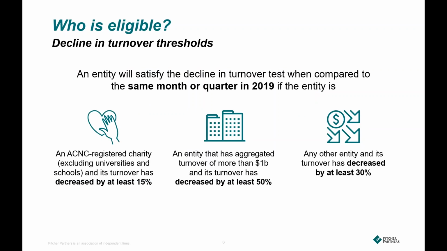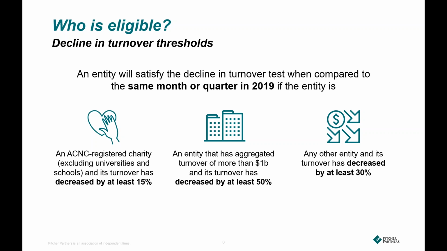So who is eligible? This looks at the decline in turnover test and the relevant thresholds. There are different thresholds for the decline in turnover test depending on the relevant entity that is doing the calculation. So an ACNC registered charity, excluding universities and certain schools, that has its turnover decreased by at least 15% is one category.